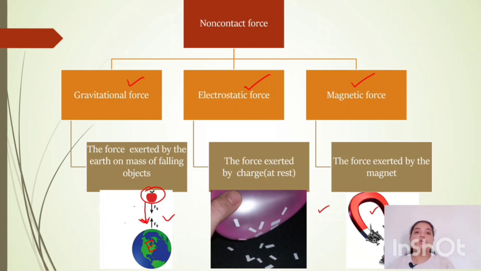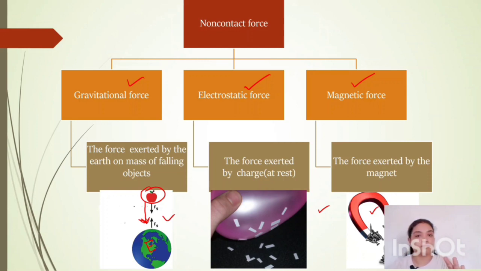This is happening due to electrostatic force, which actually acts between charges, right? If the charges are similar, the action is going to be repulsive. If the charges are opposite, the action is going to be attractive. Again, the pieces of paper and balloon are not in contact. So this is an example of non-contact force.